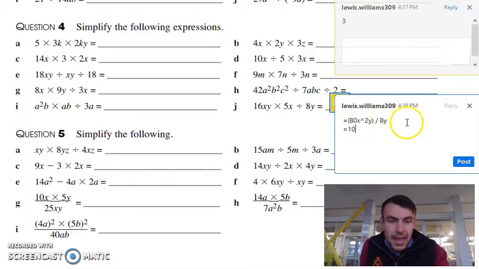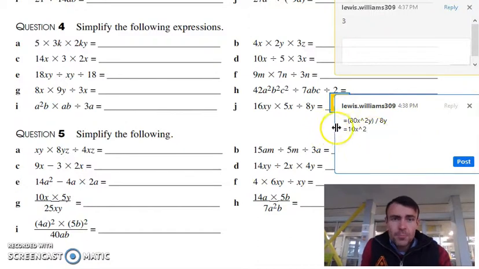So that's like 10. 80 divided by 8 in my calculator got me 10. X squared, well, nothing's happening with that because nothing's compatible with it. So that stays as x squared. But y divided by y, well, that's going to be 1 again. So they cancel out. So I'd leave it as 10x squared. Hope this helps, and happy practicing.